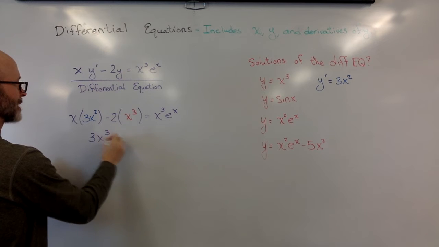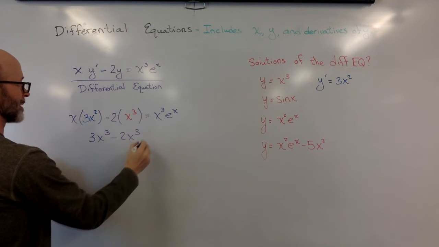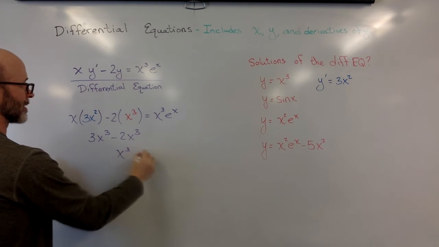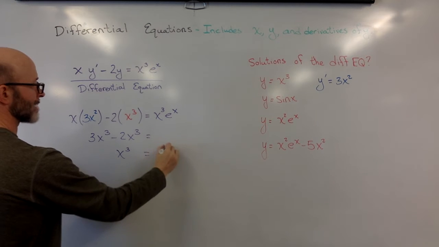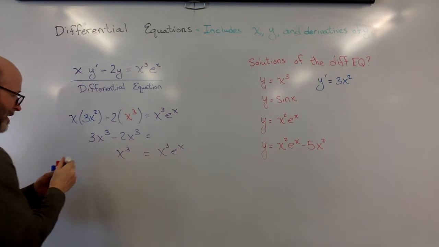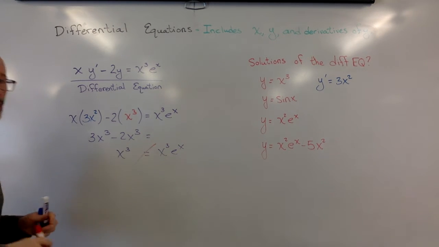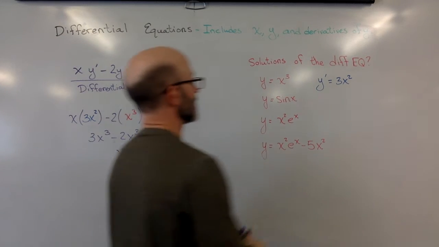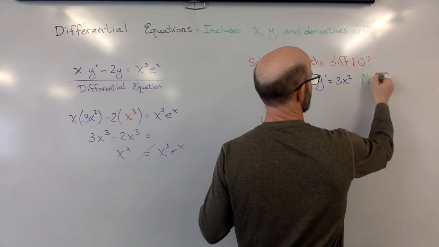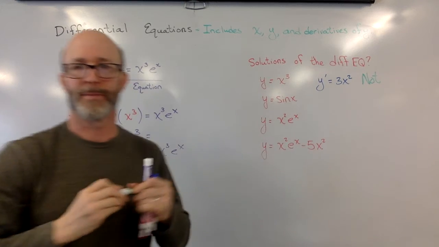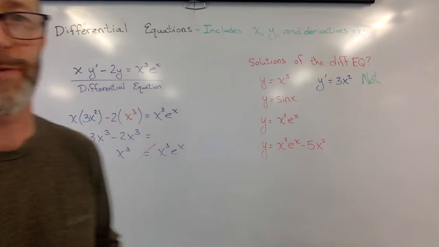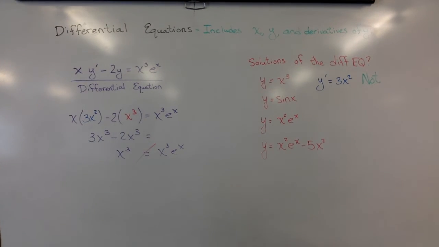I have 3x cubed minus 2x cubed. Curious, that might be x cubed. Is that the same as x cubed times e to the x? No, I don't think so. That means we found out that this is not a solution. It is not going to be a solution of this particular differential equation.